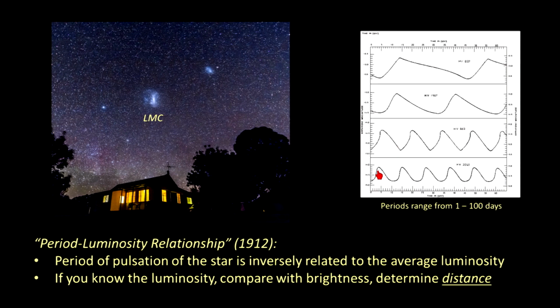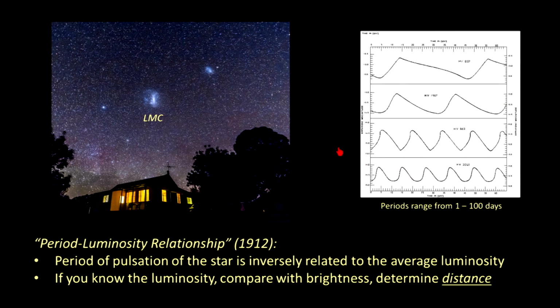Some stars change their brightness very rapidly, becoming brighter and fainter in as short as maybe 1 day, going from the peak in brightness to another peak in brightness. Or some of them might take as long as 100 days to change their brightness. So each of these Cepheid variables is changing their brightness over time, but some of them take a long time, and some of them do it very quickly.